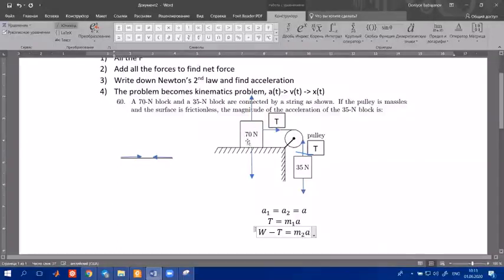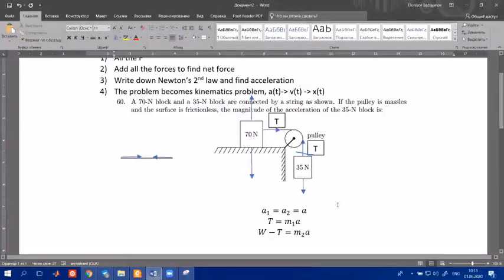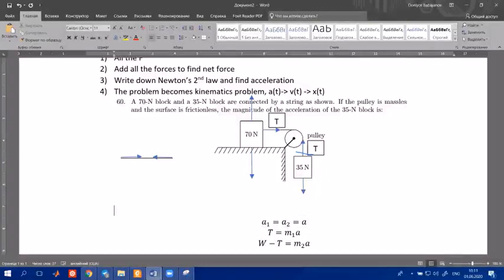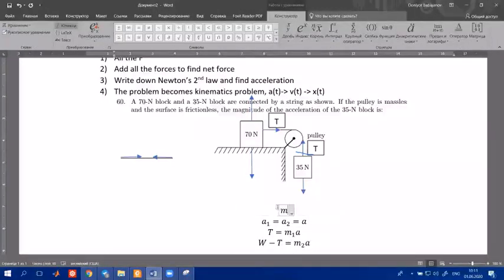So if it's 70 newtons, then it's approximately 7 kilograms, because weight equals mg. So the mass of the first is the weight of the first divided by g. It's 70 divided by 9.8. Let's approximate it by 10.